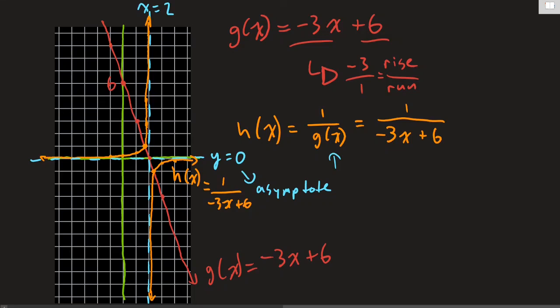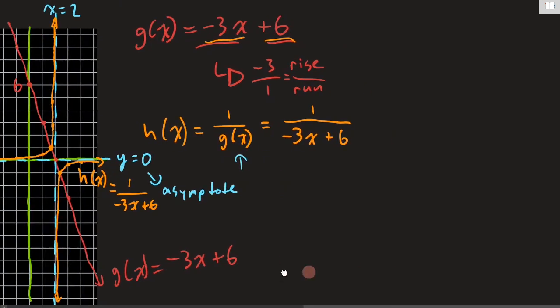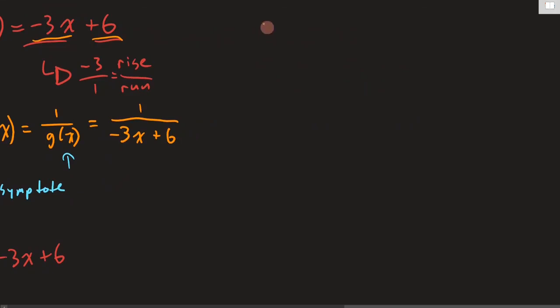So if you're graphing the reciprocal of a linear equation, the easiest way to do it is to sketch the function and find your 0. In this case, I gave one where the 0 worked out as a nice integer value. If you have one where it doesn't, you just need to sub in y equals 0 and solve. So let's say you had y equals -3x plus 2.